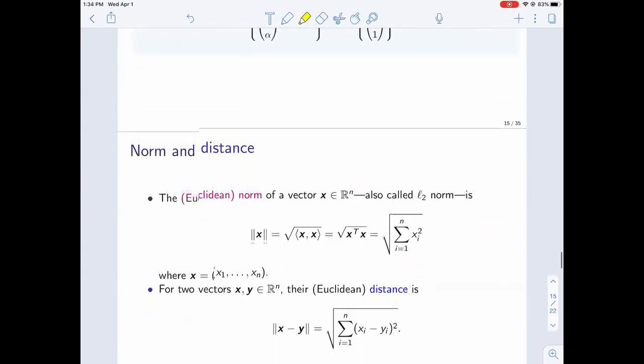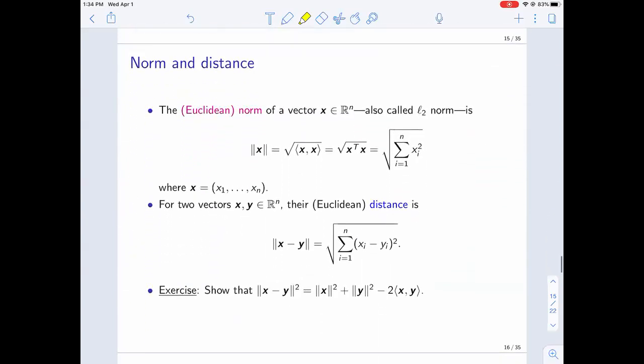Okay, so we have seen the inner product. The natural thing we can define based on an inner product is the norm, or the Euclidean norm. The Euclidean norm of a vector x is by definition the square root of the inner product of x with itself. The inner product of x with itself can be written as x transpose x. So we take the square root of that.